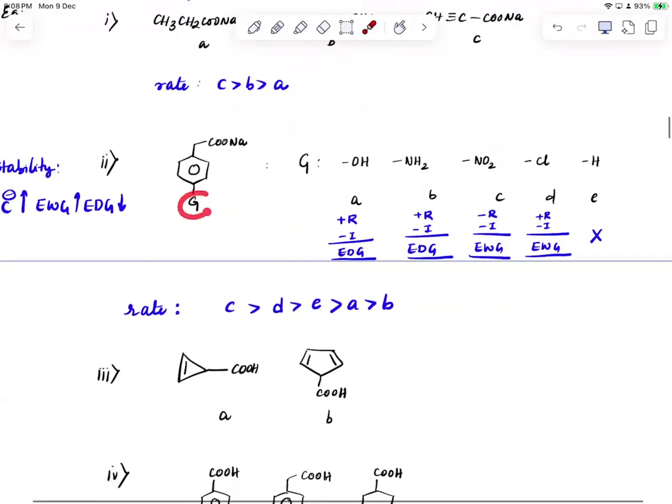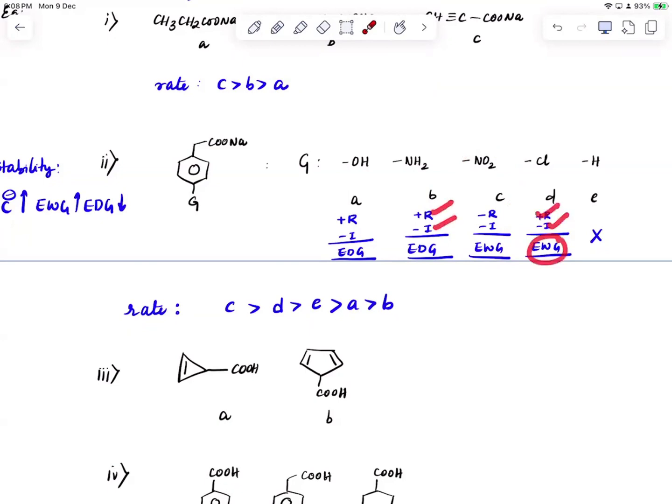Same way, if you have G as OH, NH2, NO2, chlorine, and hydrogen, and then I have COONa, correct? Remove this carbon dioxide, you'll get a minus charge here. What will stabilize the minus charge is a withdrawing group. NO2 is strongly withdrawing, it has minus I and minus R also. Chlorine has plus M and minus R, but overall it is electron withdrawing.